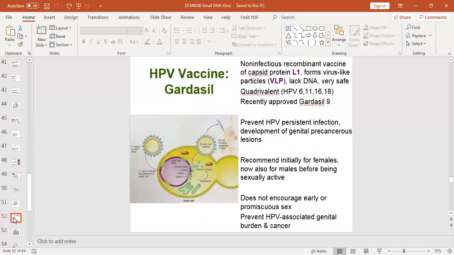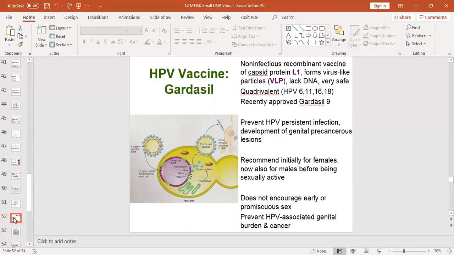Moving to slide 52, there is a vaccine for HPV called Gardasil. What is a component of Gardasil? It's a non-infectious recombinant vaccine of capsid L protein.